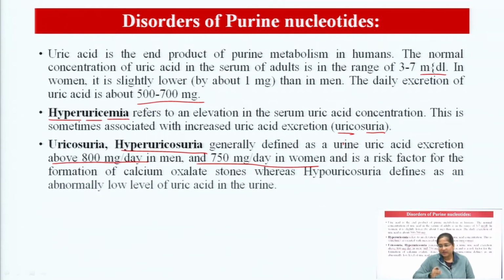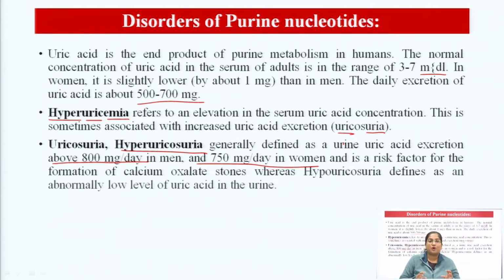Now, what is the problem with this? Hyperuricemia, that means a person already has an elevated amount of uric acid in the blood, which will turn into, or you can say will be associated with, hyperuricosuria, because then we will see a huge amount of uric acid excreted through urine. That means the person, either woman or man, has more uric acid in their body.